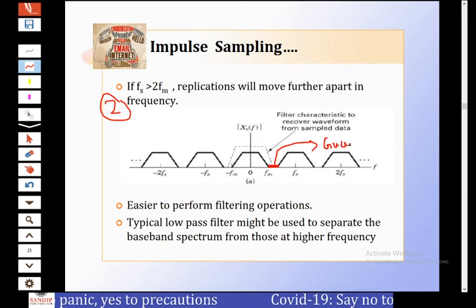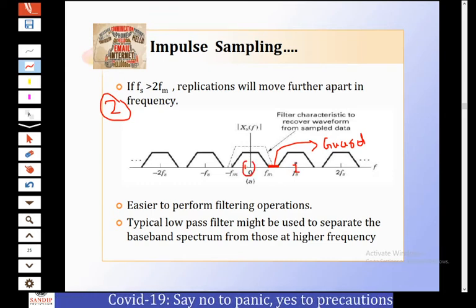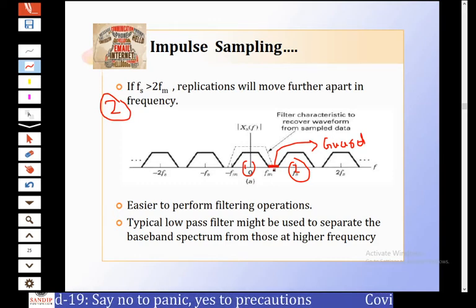The function of the guard band is to separate the two sampled signals. This is the first one, this is the second one. The advantage is that while filtering, there is no interference from another signal.